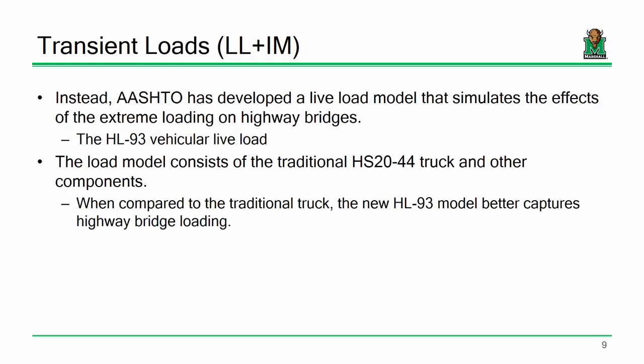No. Now, what AASHTO has done is develop a load model that we are allowed to use that represents what I'll call the statistical maximum live load that a bridge sees. On average, this load model represents the maximum live load that a bridge will see. Again, there's variability, which is why we apply those load factors.